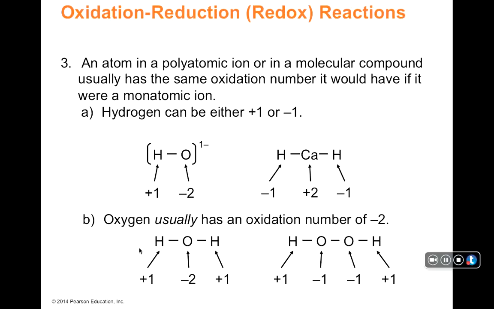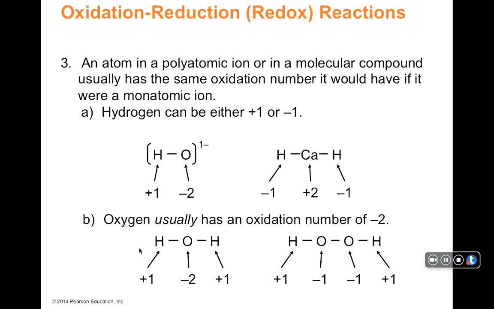The oxygen examples on the bottom, so if we look at water, water has an oxidation number of -2 usually. And hydrogen, to balance that off, each hydrogen has a charge of +1. Your default for oxygen is -2 unless it doesn't work in the compound that you're given. And that's the case on the one on the right. So if you look here, you've got 2 oxygen atoms and 2 hydrogen atoms. Hydrogen can only be +1 or -1. Okay, it can't take on any other number besides +1 or -1.